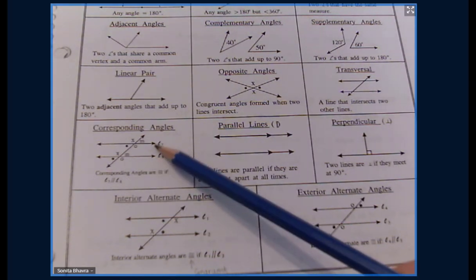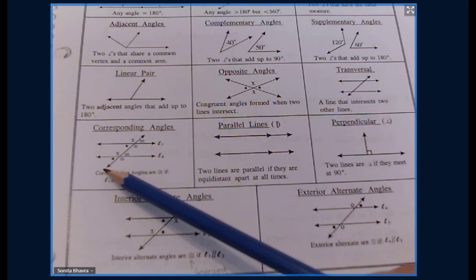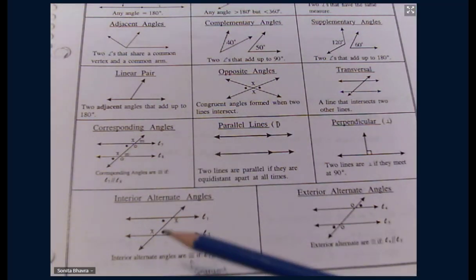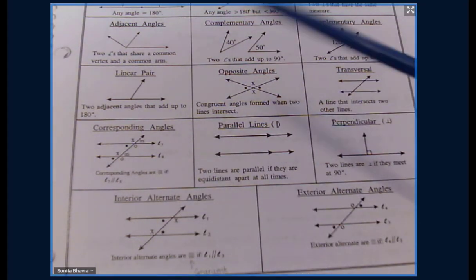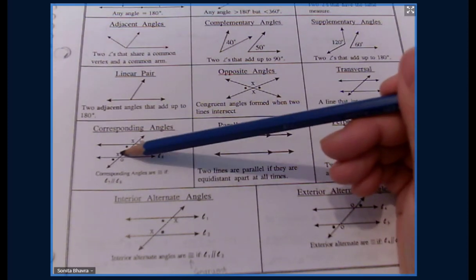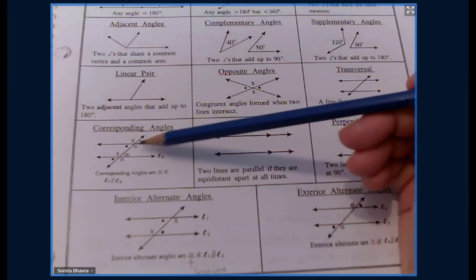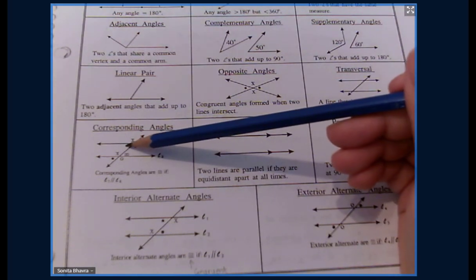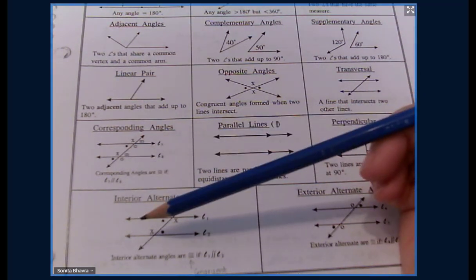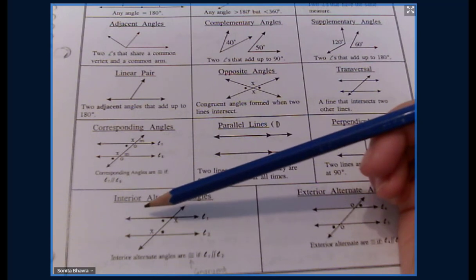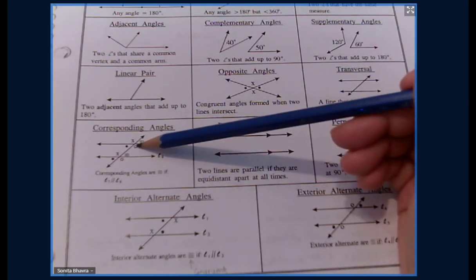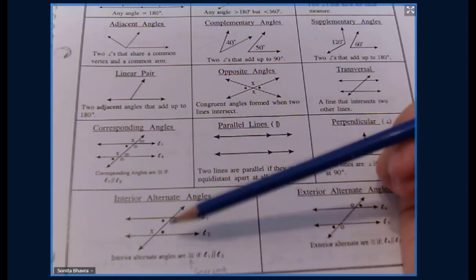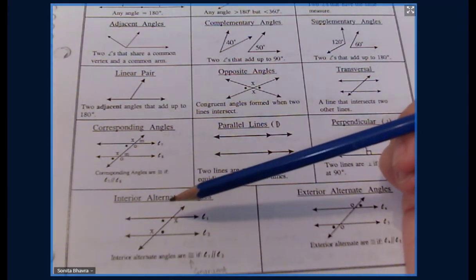So line 7 and 8 are parallel here, and then we have a transversal. All right, so corresponding angles, x and x here are corresponding angles, m and m are corresponding angles. The black dot would be corresponding angles, and then the O and O would be corresponding angles.